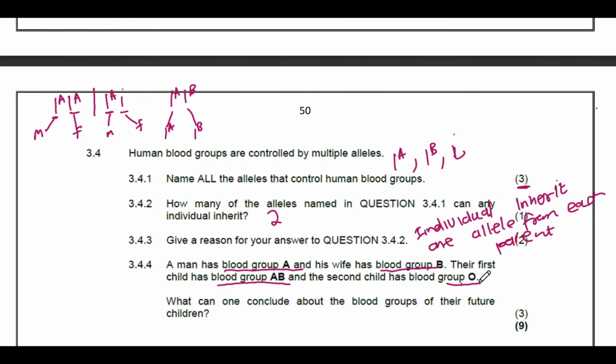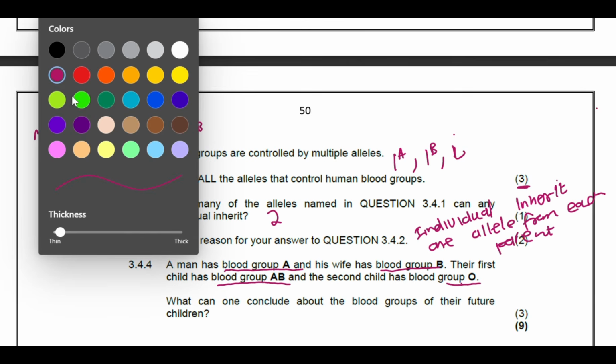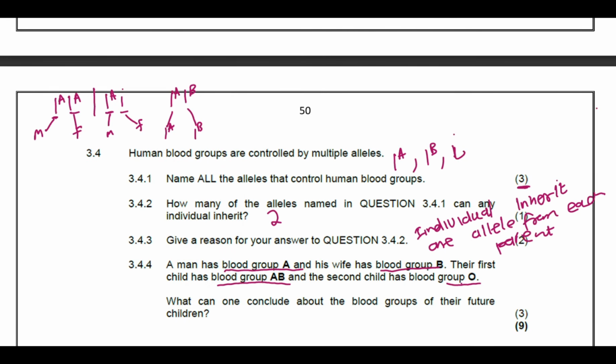Now, let's break down this question. I'm even going to change the color. Let me use the screen. Now, a man has blood group A, and they're not asking us to do a cross here because I'm going to help you figure it out.